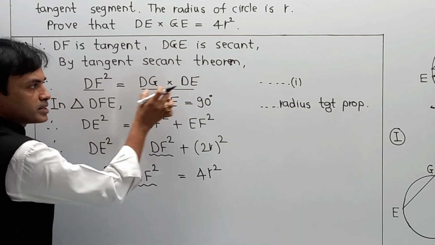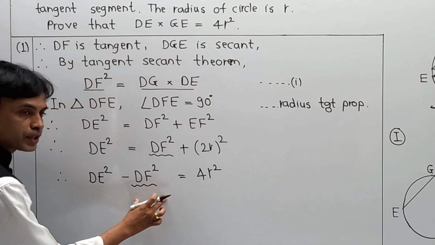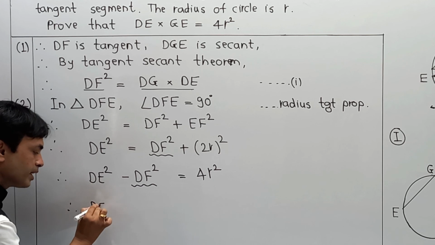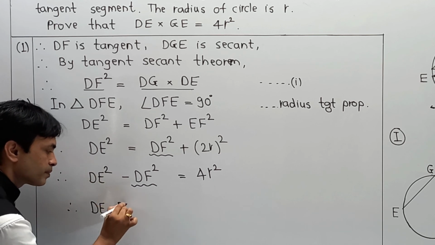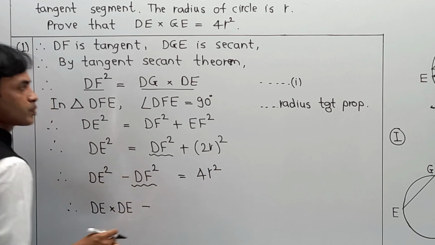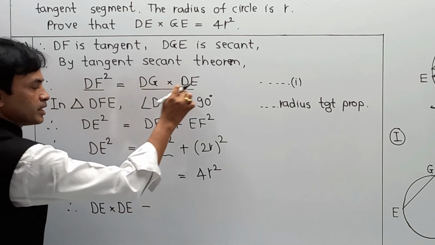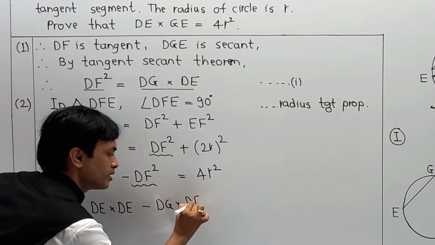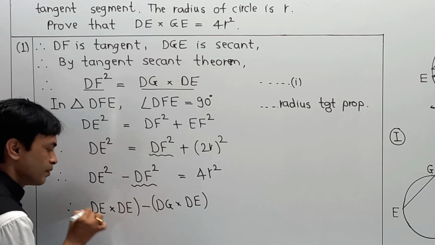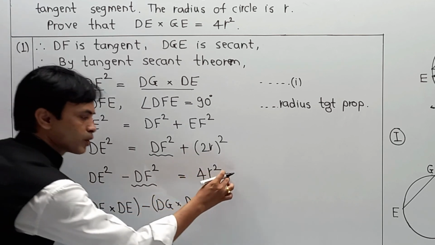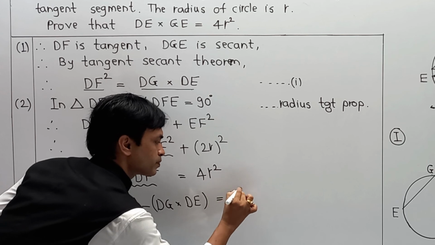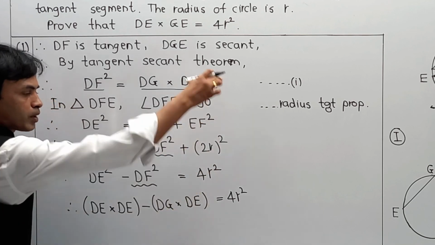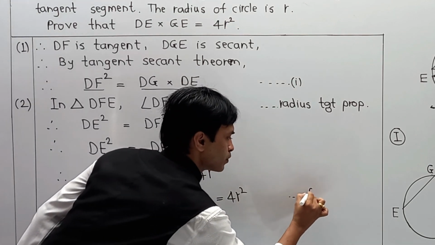I am writing this value over here: DE square, I am writing it as DE into DE, minus DF square, and DF square is nothing but DG into DE. I'm going to make a bracket so everyone can easily understand the part. And it is equal to 4r square as usual, and we have replaced DF square with DG into DE, that is from equation 1.